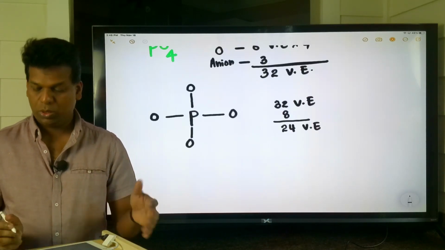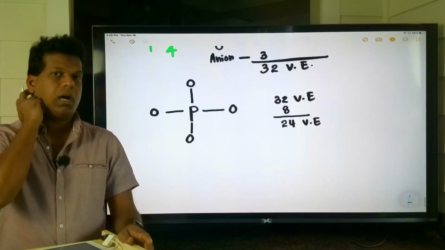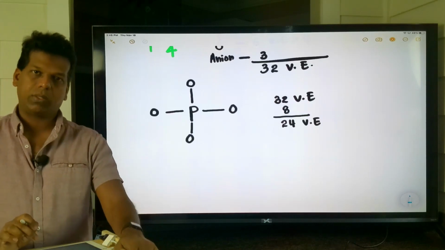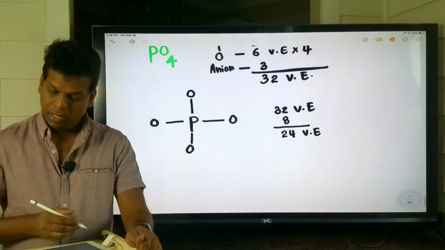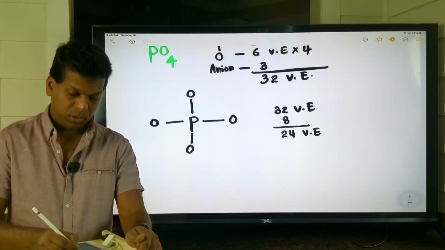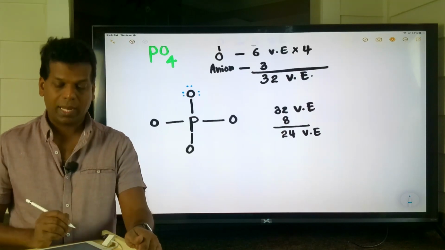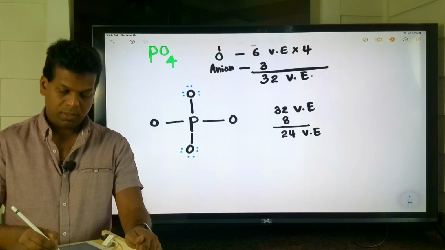So now what you do is you take those electrons and complete the octet of the terminal atoms, starting from the most electronegative. In this case, all are oxygens, so they are the same. So there are 24. I'm going to place 6 on this oxygen. That will give that oxygen 8 electrons. 6 here, 6 there.